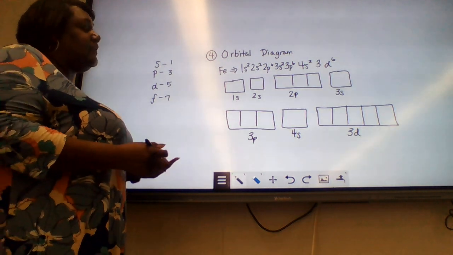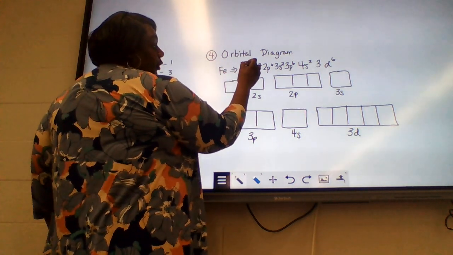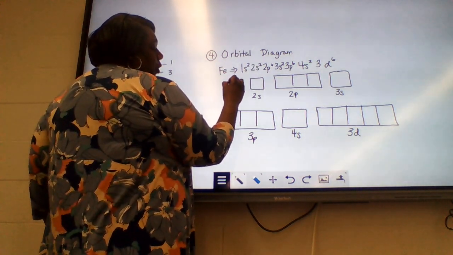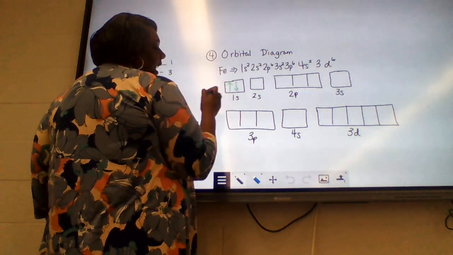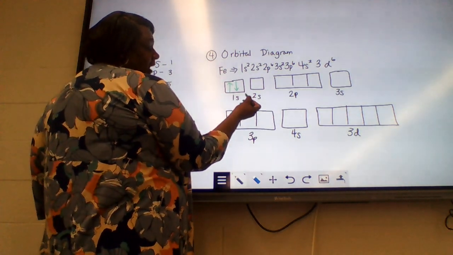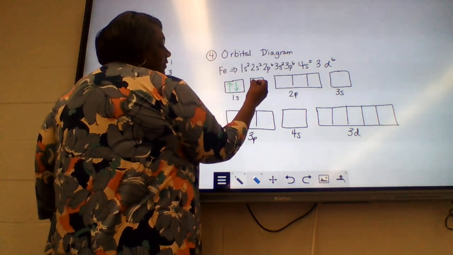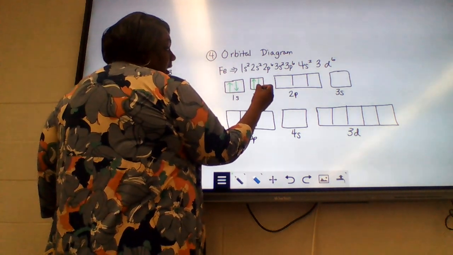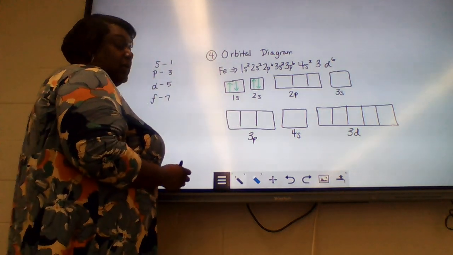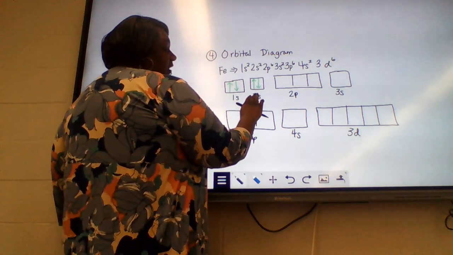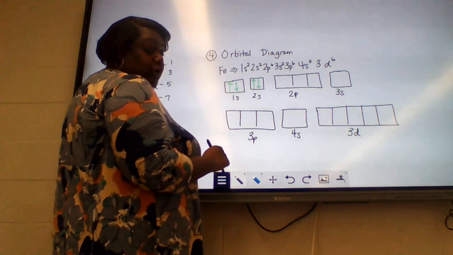So because there are 2, I need to have 1 arrow going up and 1 arrow going down. And then when I go to my 2S, because I started with up in the 1S, I need to have that one going up and then another one going down. And again, remember, I'm increasing in energy every time I go to a new one.